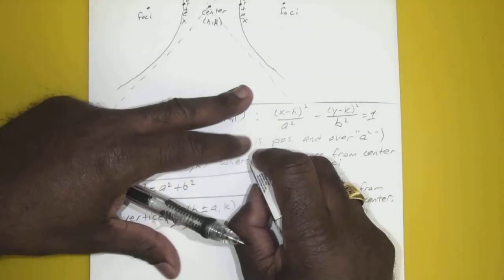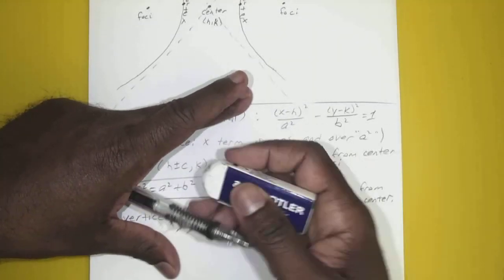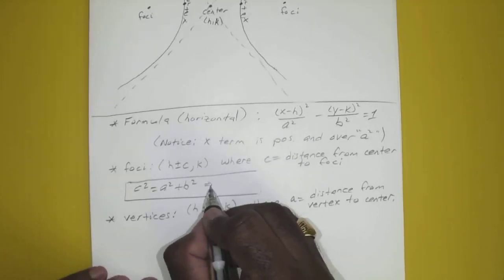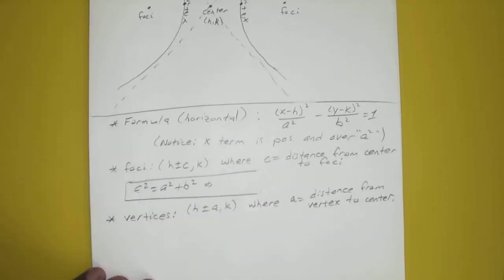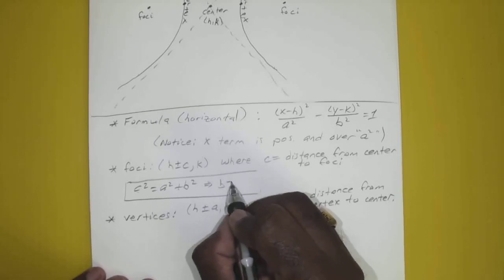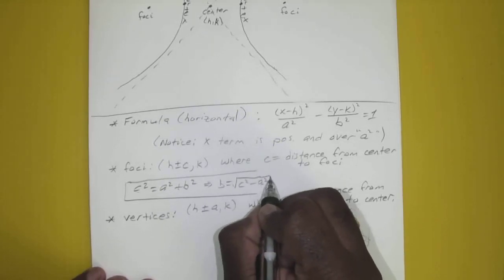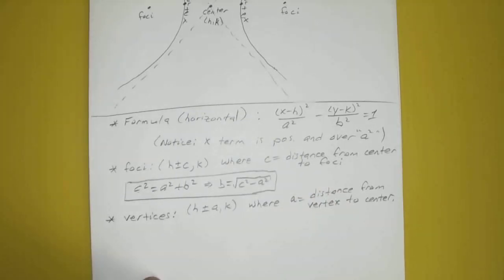Actually, for this one, just going to add a little bit more. So we know C squared equals A squared plus B squared. But B squared, if you subtract A squared from both sides, B is equal to the square root of C squared minus A squared. So that actually is going to come in handy also.